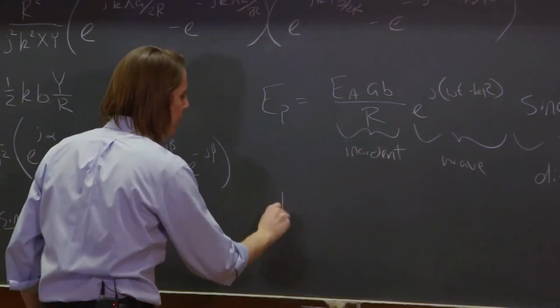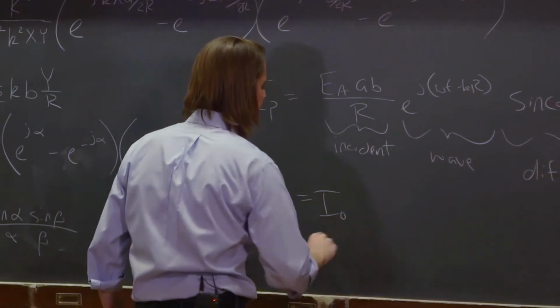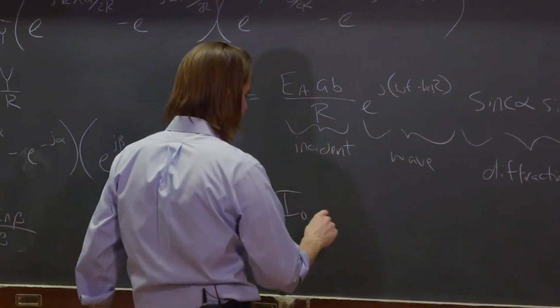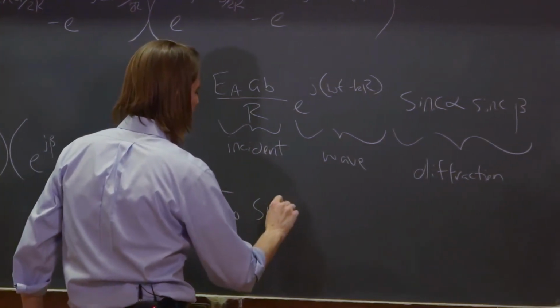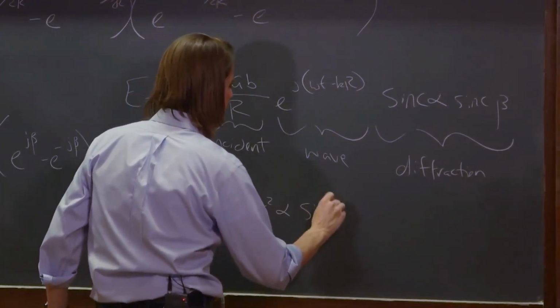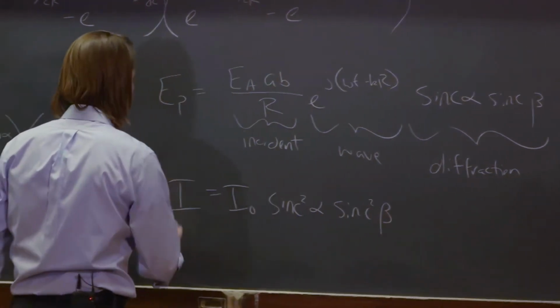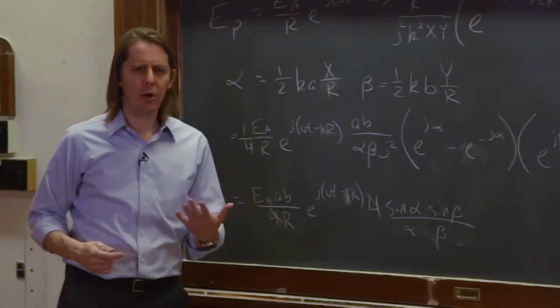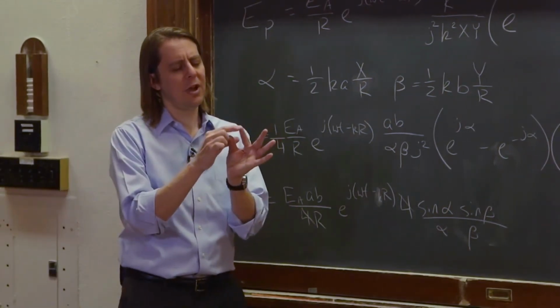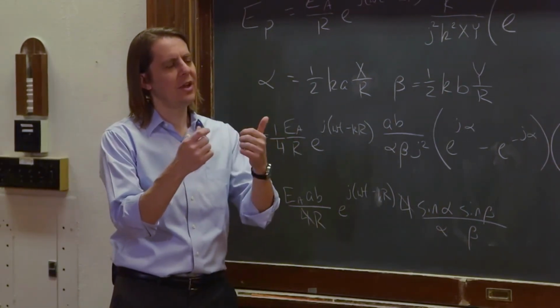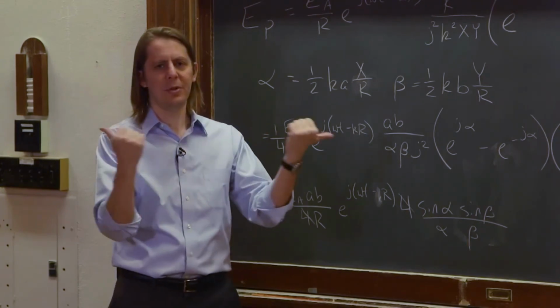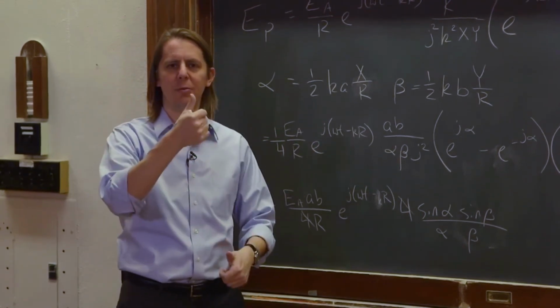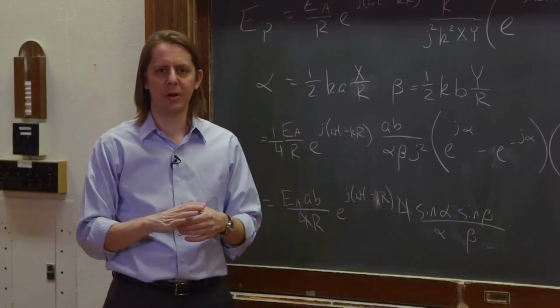And finally, if we wanted to write it in terms of irradiance, we'd get that it's the irradiance that would get there without the slit times sinc squared alpha, sinc squared beta. So basically, the result we get for the square aperture, or the rectangular aperture under these approximations, is that it diffracts like a slit in one dimension and it diffracts like a slit in the other dimension. It's sort of just the product of those two diffraction patterns.